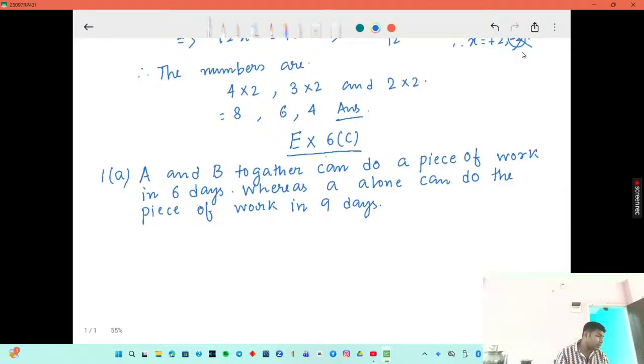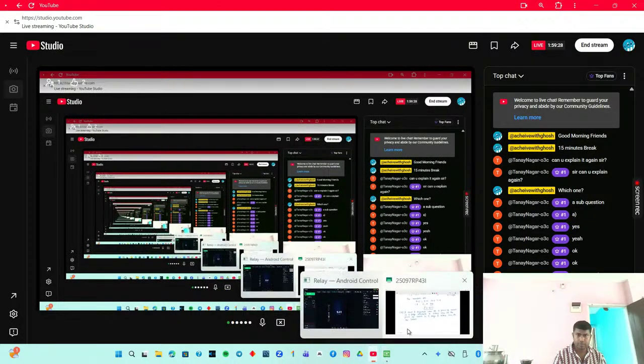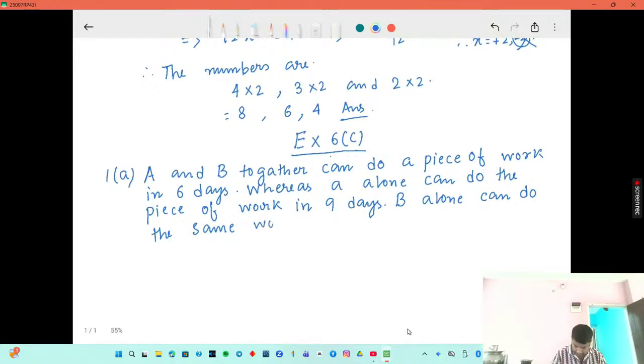Then B alone can do the same work in. So here we have to find the time that will be taken by B if B alone does the same piece of work.